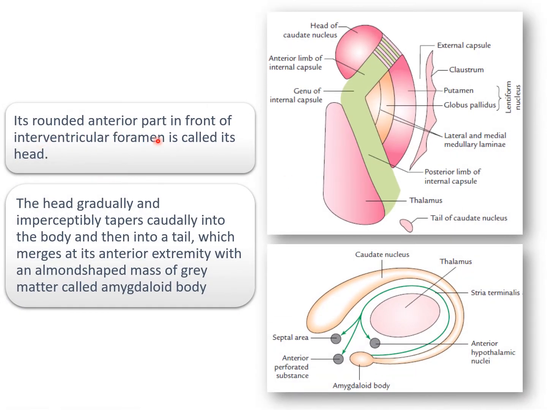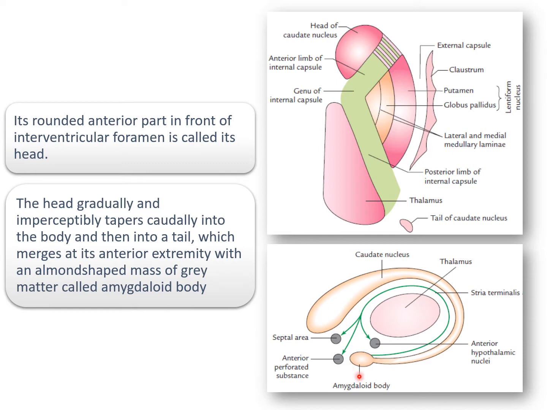Its rounded anterior part in front of interventricular foramen is called its head. The head gradually and imperceptibly tapers caudally into the body and then into the tail, which merges at its anterior extremity with an almond-shaped mass of grey matter known as amygdaloid body.